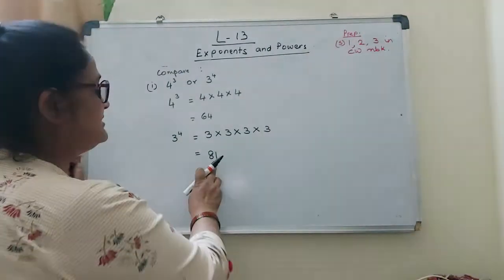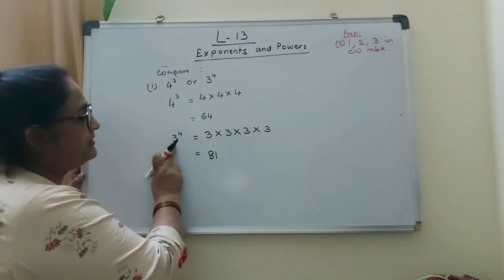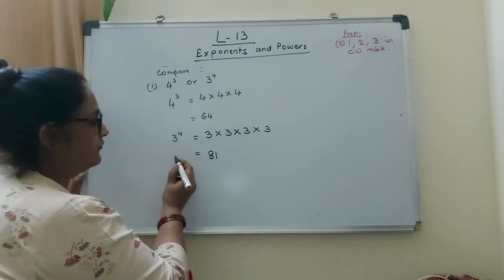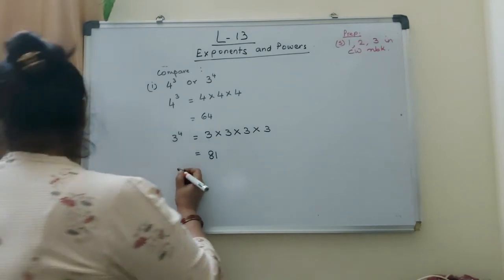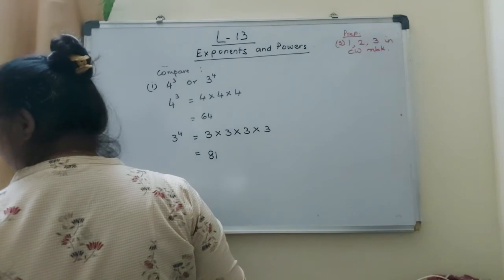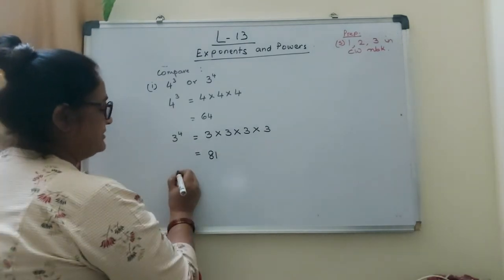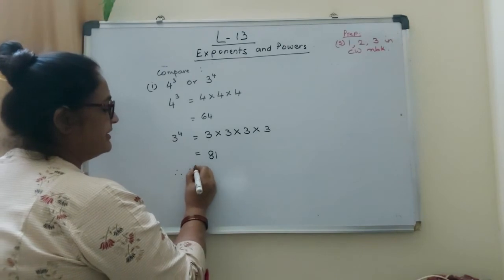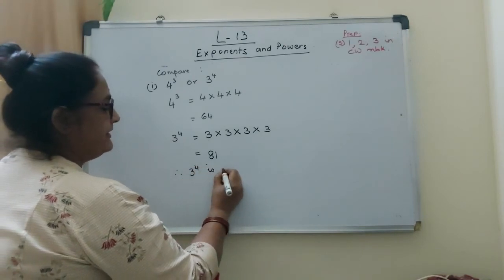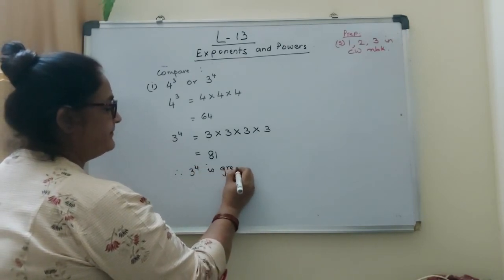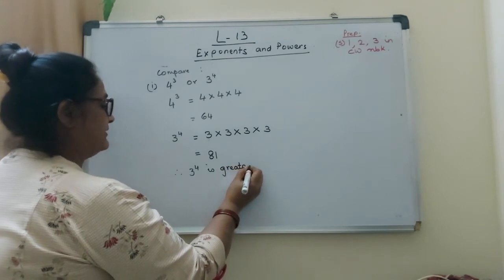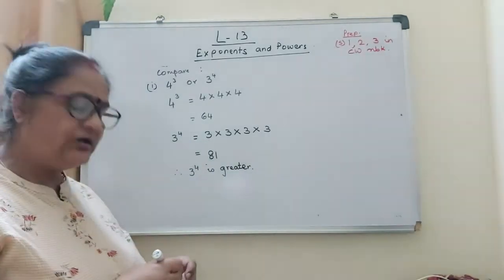Now, 81 is got from which number? 3 raised to the power of 4. Your question was to identify the greater number. So, therefore, 3 raised to the power of 4 is greater. That is what your answer will be.